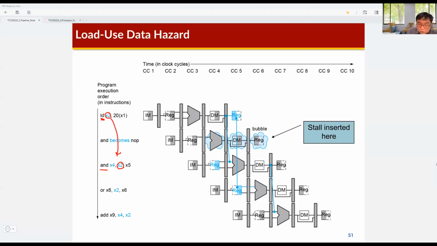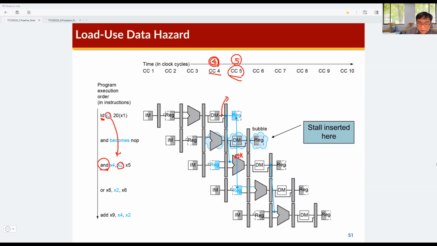We know the result of this load instruction is generated at the end of clock cycle number 4. So in order to use this result, the EX stage of the add instruction should be at clock cycle number 5 here.